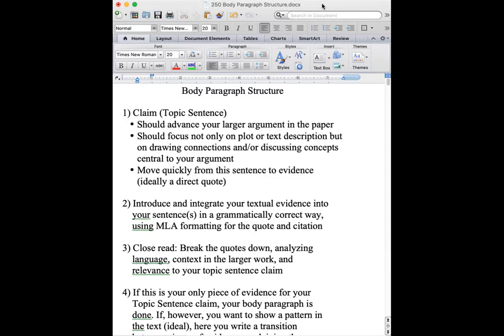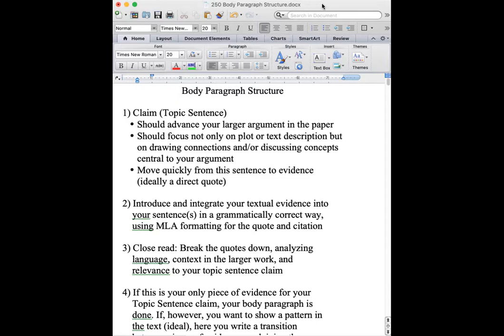But typically, you're not going to show only one instance of something to try to say that that's important evidence for your larger paper claim, right? Ideally, you're going to want to look for a pattern, or a consistent concern in the text.